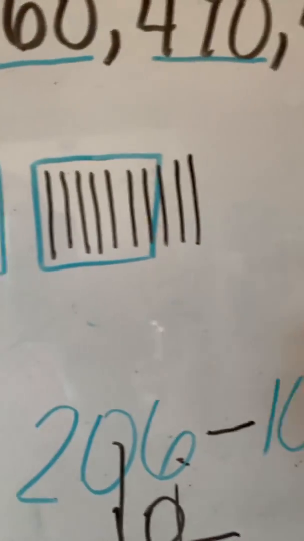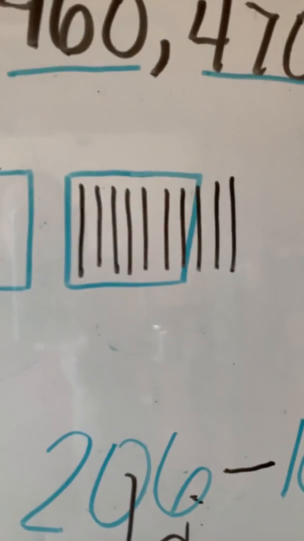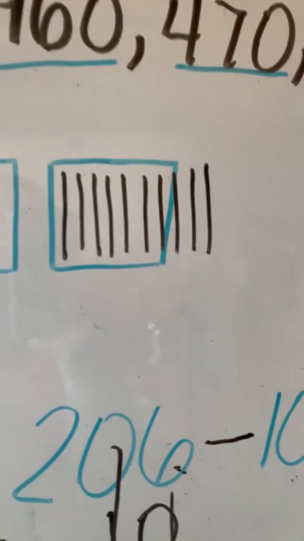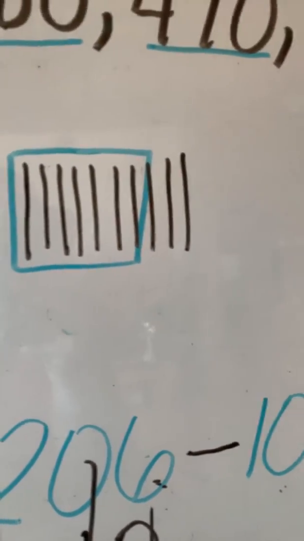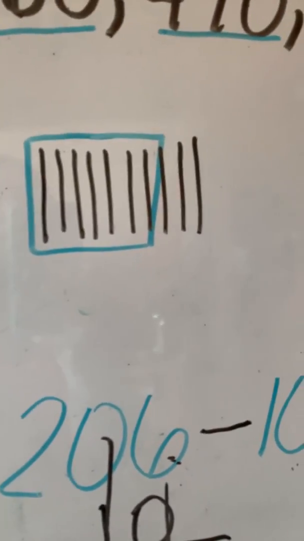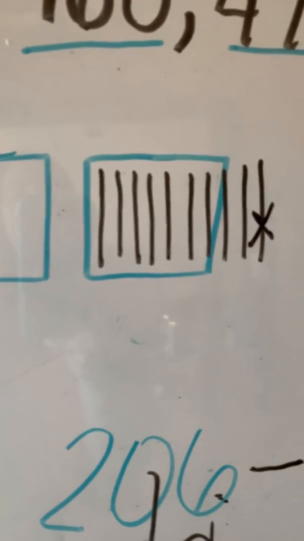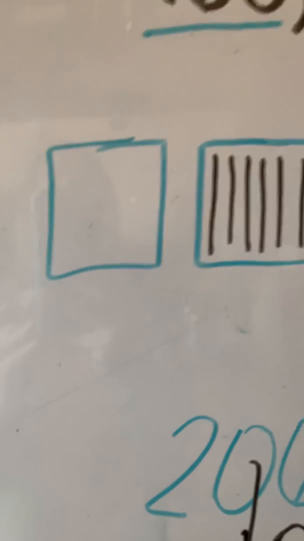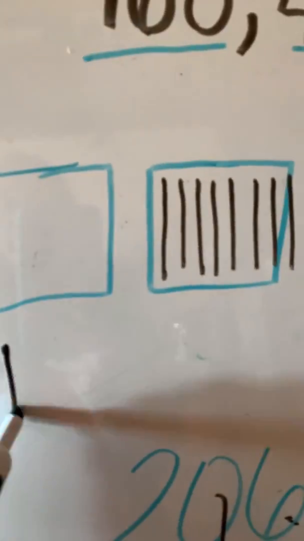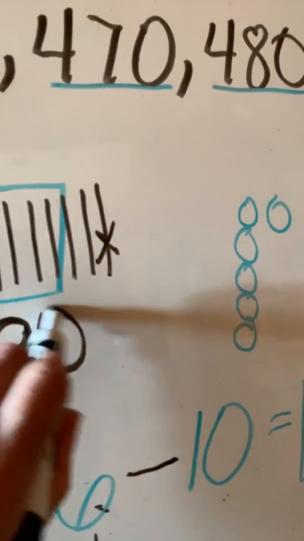So what I did is I broke open that 100. I made it into 10 tens because 10 tens is the same thing as 100. Only now we're able to take away a 10 stick. So I'm going to cross off a 10 stick and we're left with 90. So our new answer would still be 100 plus 90.